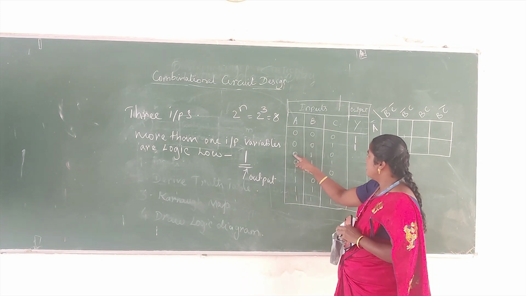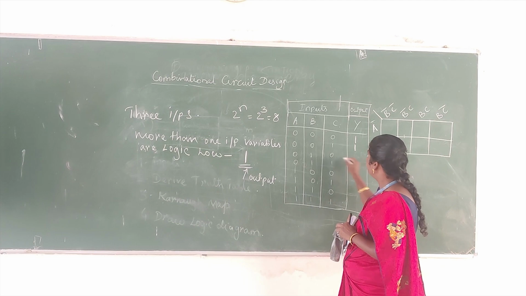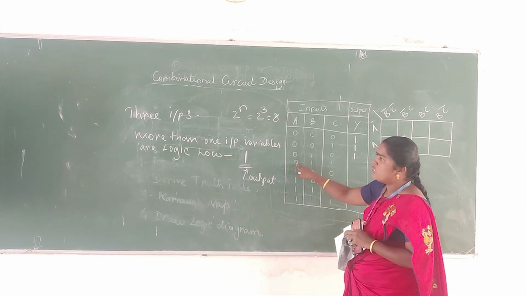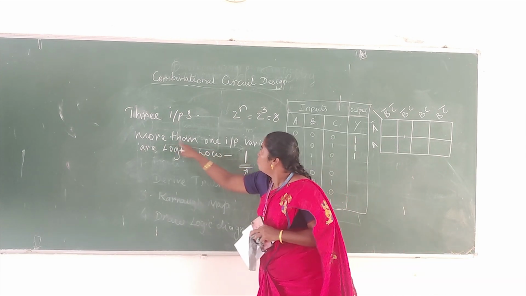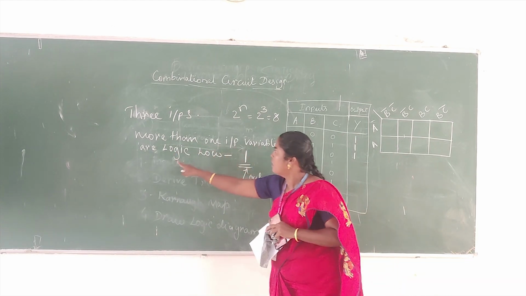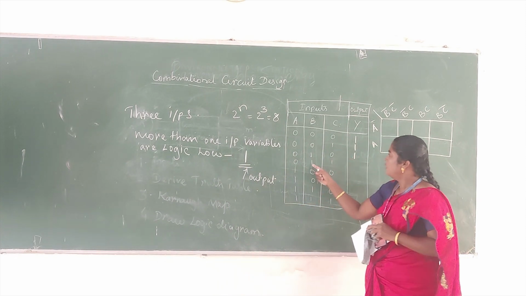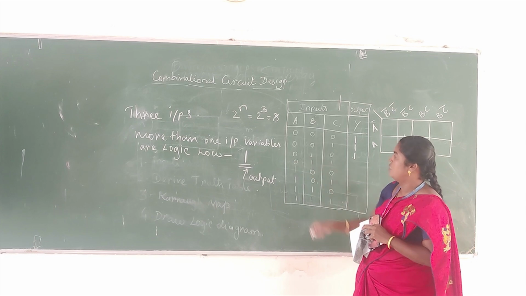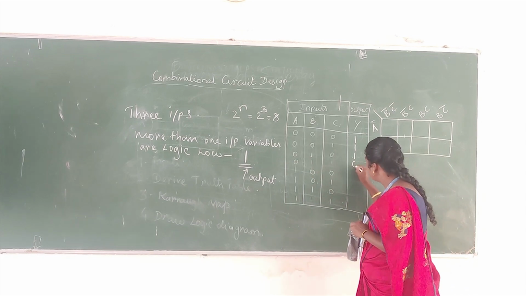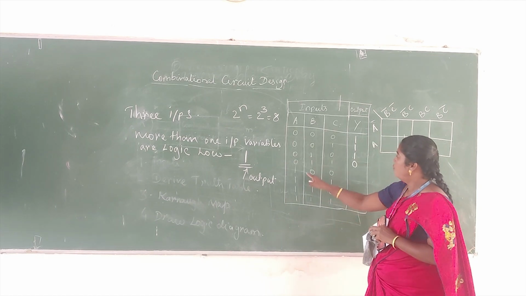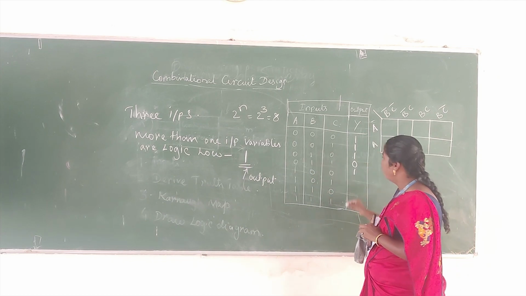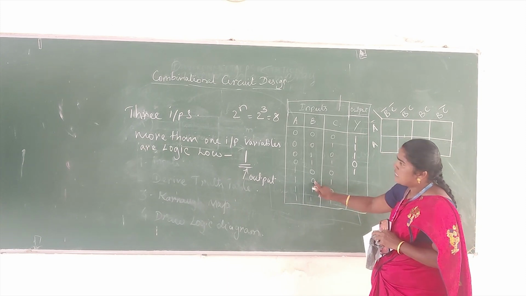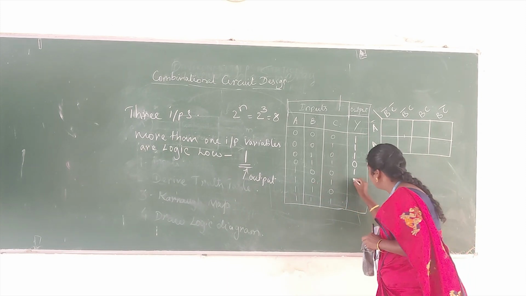The third one is 0, 1, 0, which also gives output 1. The fourth one, we get only one 0, but the condition is more than one input variable is logic low. Here two input variables are logic high and only one input is logic low, so the output is 0. The remaining combinations do not satisfy the condition, so the output is 0.